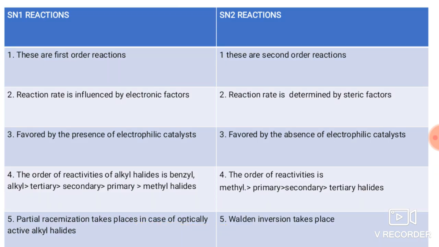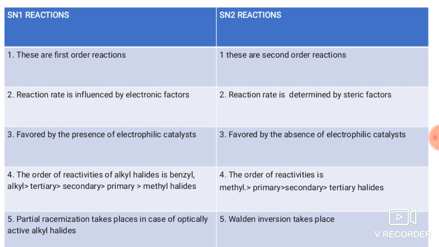Differences between SN1 and SN2 reaction. In SN1 reaction, the rate always follows first order. In SN2 reaction, it follows second order. In SN1, the rate is influenced by the electronic factor. In SN2 reaction, the rate is determined by steric factors. SN1 reaction is favored by the presence of an electrophilic catalyst. SN2 reaction is favored by the absence of an electrophilic catalyst.